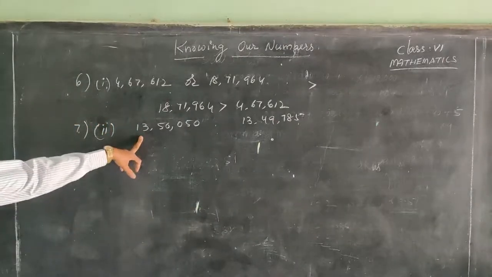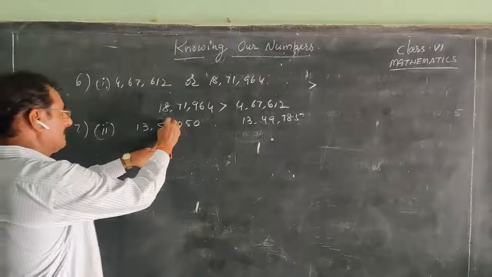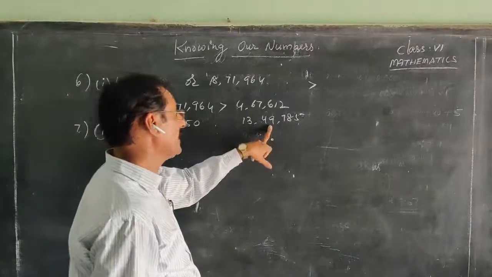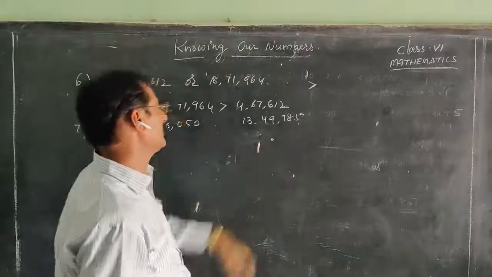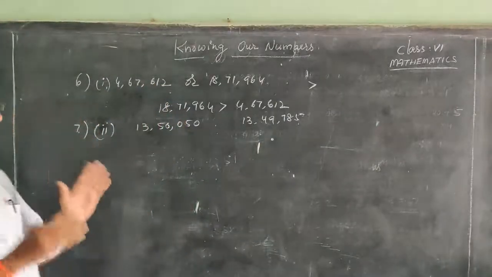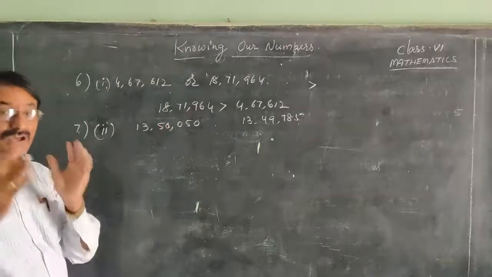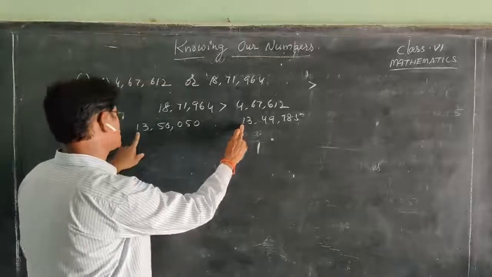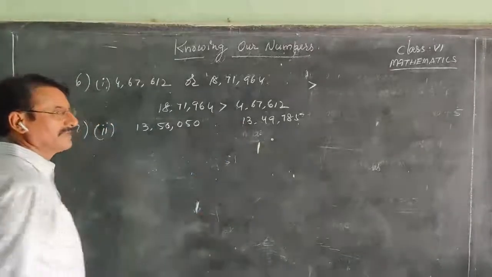It is 13 lakh 50,050. It is 13 lakh 49,712. First you compare the highest digit because both have equal digits. So the highest digit is 1, here is a 1. These ones are in 10 lakh.